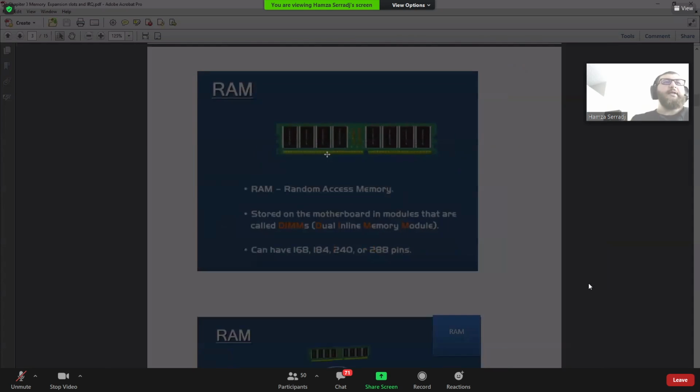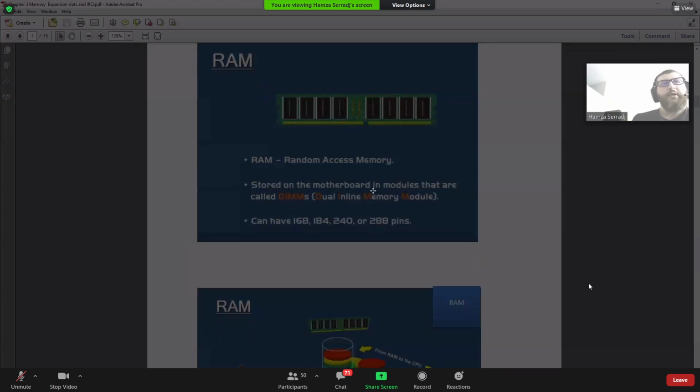Now what we have in this RAM here, we have banks. You see, banks are the type of chips we have in here. They are soldered on this stick here, and we have pins that plug into that slot that we call DIMM. So RAM, random access memory, is stored on the motherboard in modules that are called DIMMs, dual inline memory module.